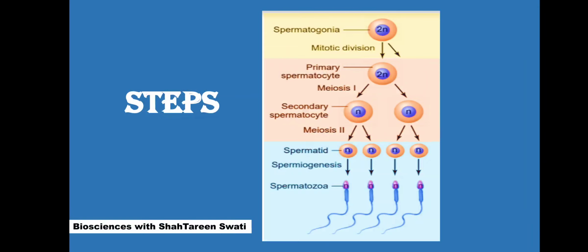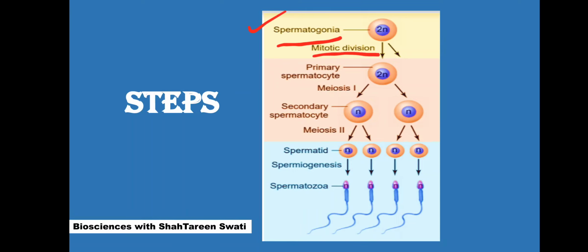First of all, you can see here the spermatogonia. Spermatogonia are also known as the primordial germ cells, and these are present inside the testes. These spermatogonia first undergo mitotic division, mitosis.